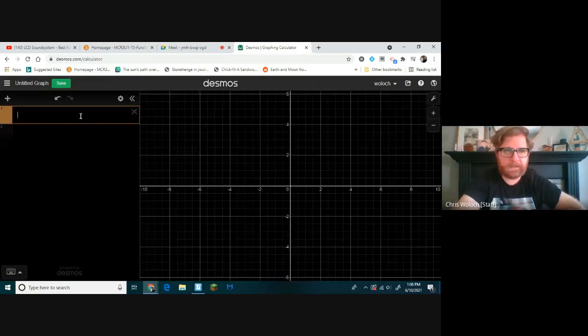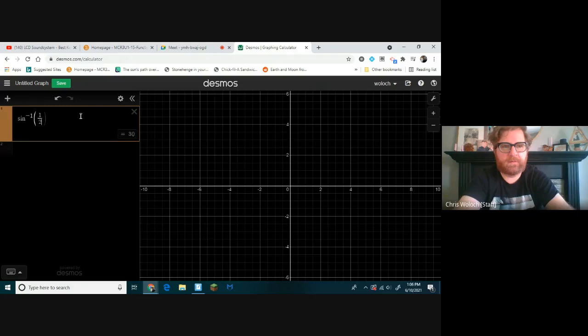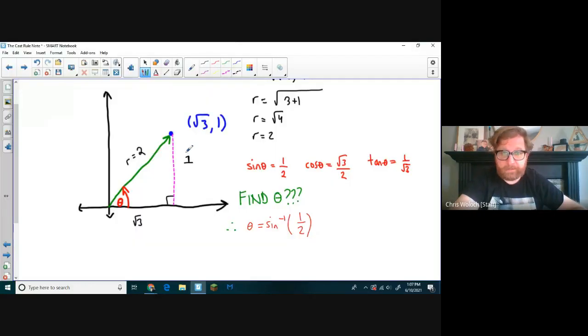And then get the exponent sine inverse, and then 1 divided by 2. And I get 30. So hopefully someone recognized that this one here is a special triangle.